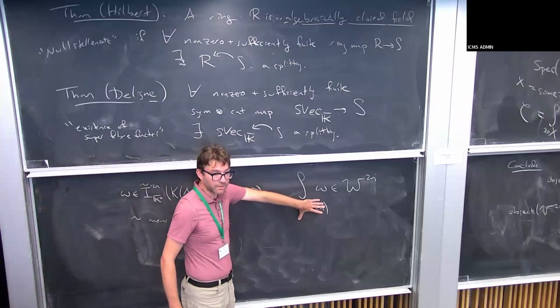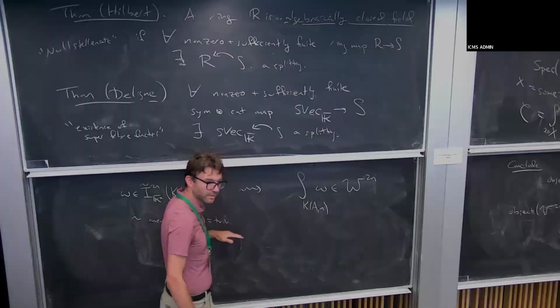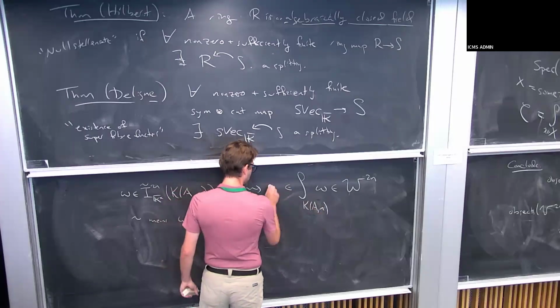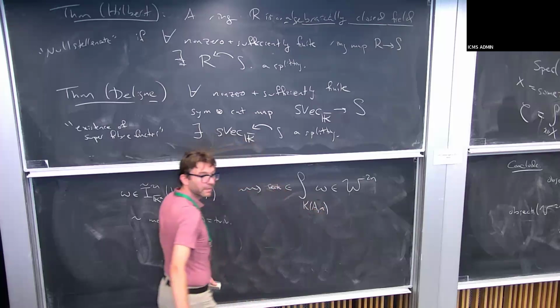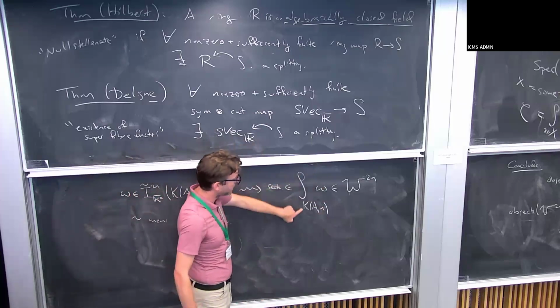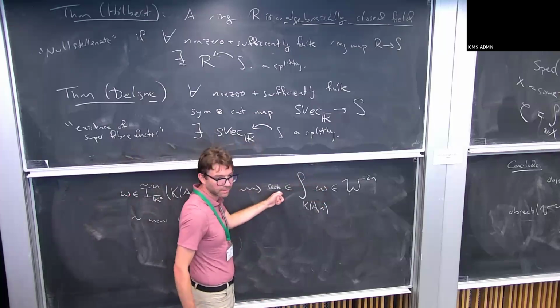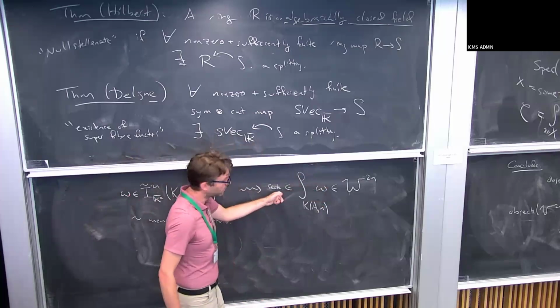There's a favorite section called the skyscraper at a point, the trivial one at a point. So I get some section of this. And if I can arrange that this guy is trivial, then I will have actually given you somebody in W2n minus 1.